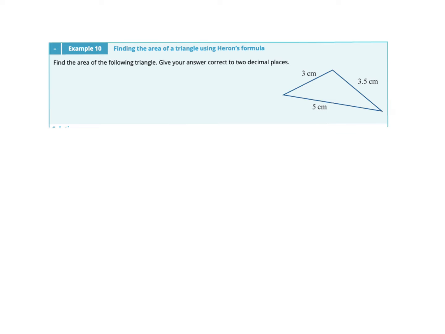With this one, it says find the area of a triangle. I'm not sure if this one was written on your formula sheet, but we just finished it. It's not, so you might want to add it in. When we had all 3 sides of a triangle that's not a right angle triangle, what was the name given to that formula? Started with H. It was Heron's formula.